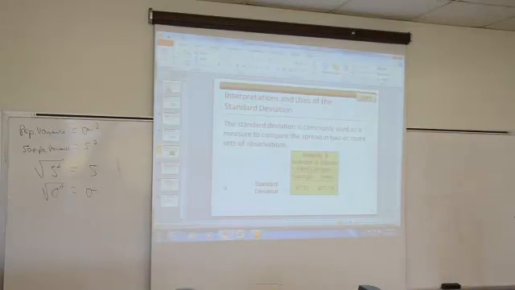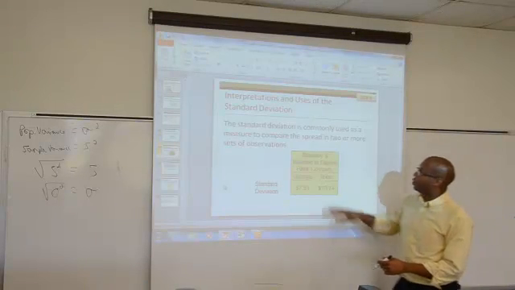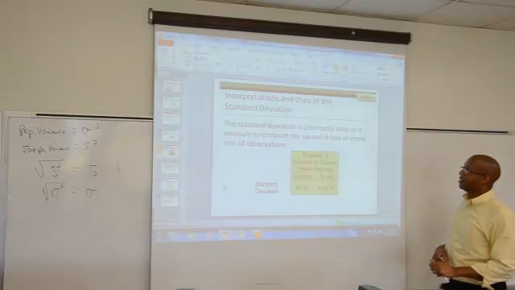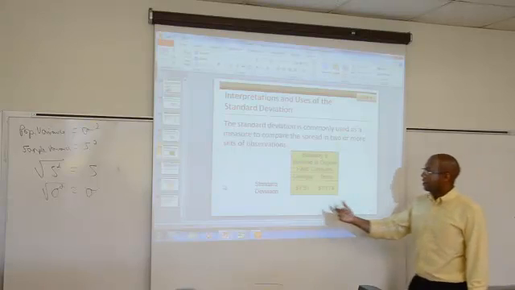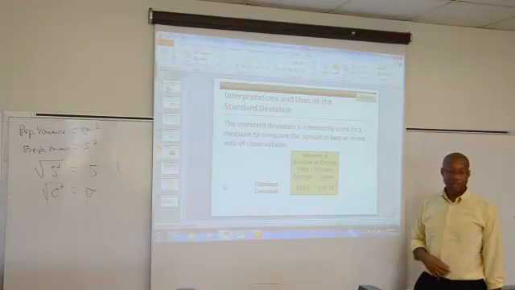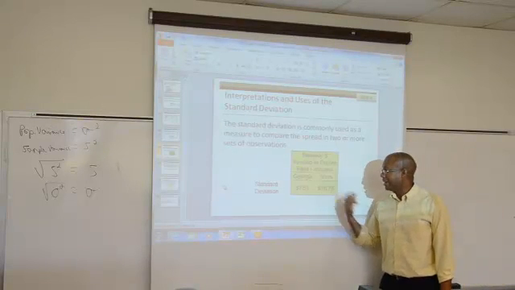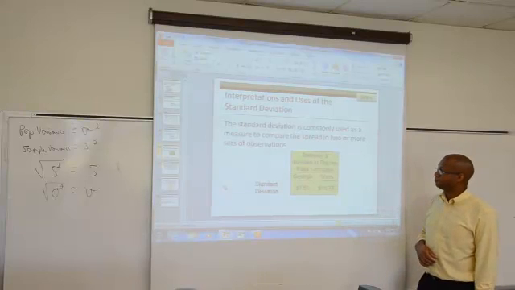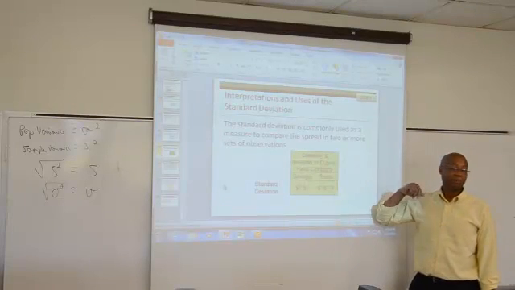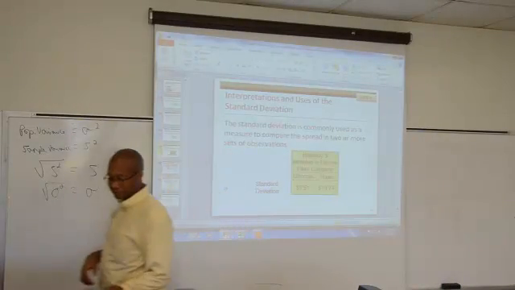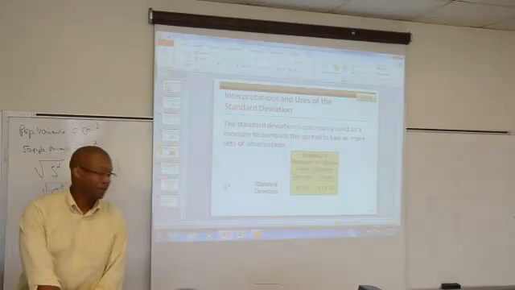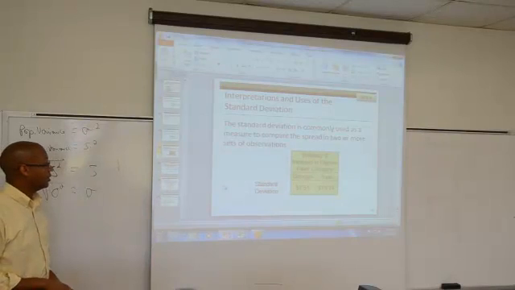So if I have the Dupree Paint Company, and I have the standard deviation of a Georgia-based Dupree Paint Company and a Texas-based Dupree Paint Company, okay, and this is bi-weekly income, what can I say about the Dupree Paint Company? That their profits in Georgia are more consistent.